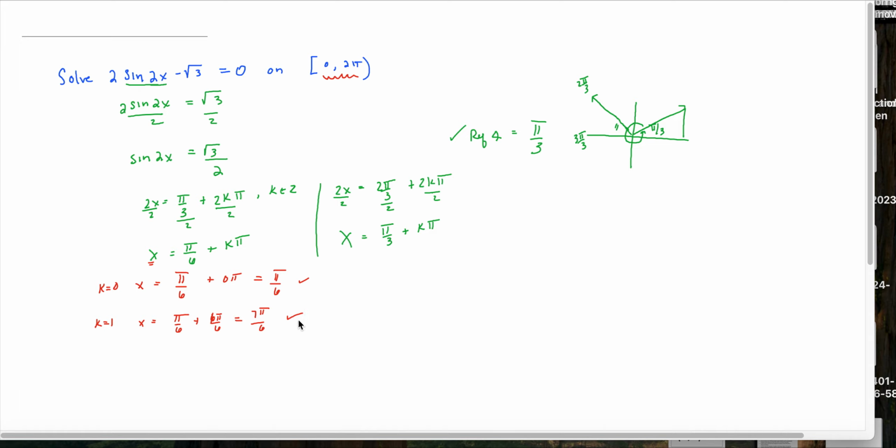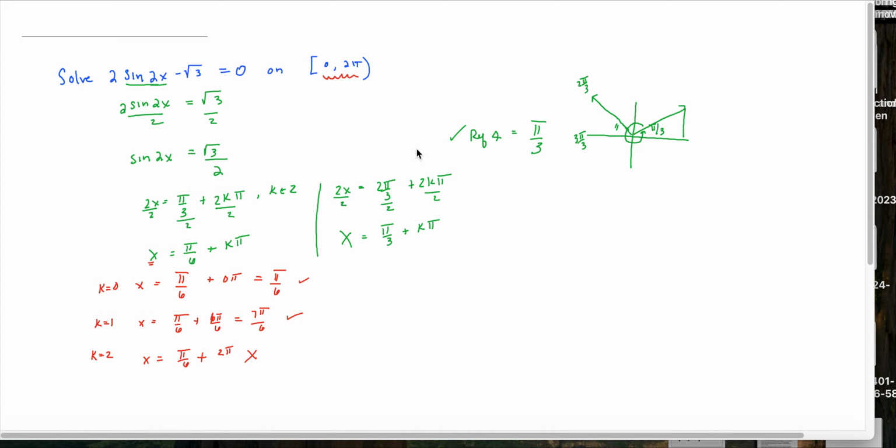So that is also a solution. If we go to k equals 2, then we would have x is equal to pi over 6 plus 2 pi. And so if you think about it, if we have pi over 6 and we add 2 pi, we're definitely going to be beyond 2 pi. So that's where we would stop. So that would not be included. So far for my solutions, I have pi over 6 and 7 pi over 6.